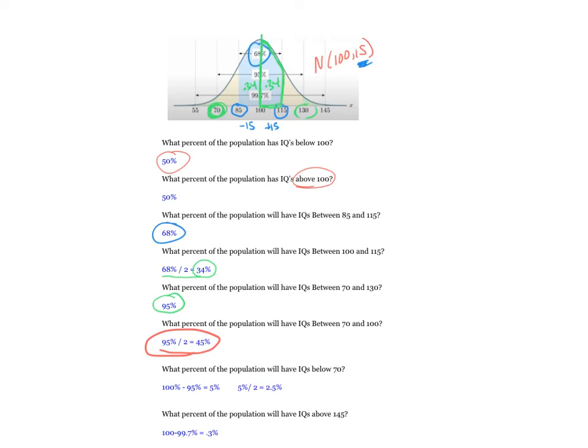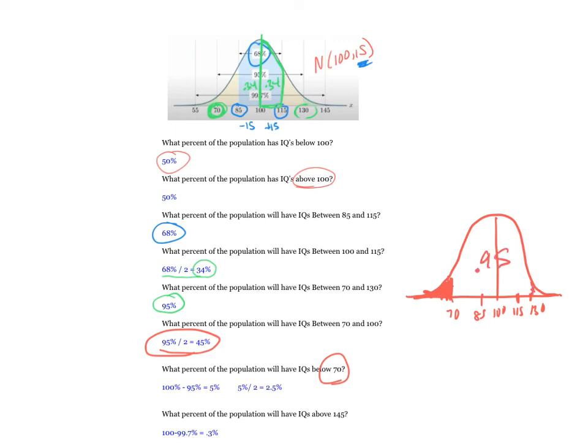The next question, what percent of the population will have IQs below 70? So I'm going to draw another picture for this one over here. Okay, so 1 standard deviation is here, 2 is here, 1 is here, 2 is here. This was 100, 115, 130, 85, 70. Below 70 would be this little red shaded area. Now, what I do know is that from 70 to 130 is supposed to be 95% of the data.